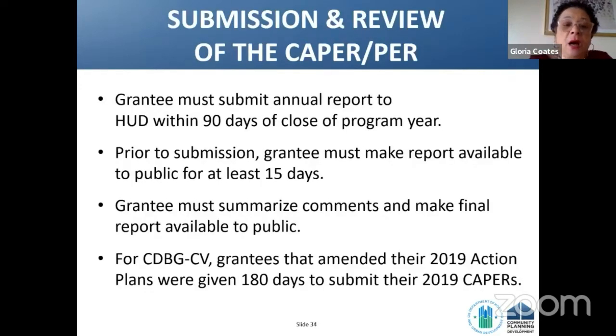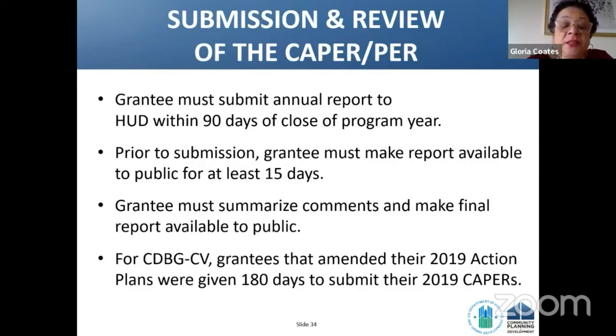Next slide, please. Okay. As you know, the regulations state that 90 days after the end of your program year, you submit your CAPER. Before you submit it to HUD, however, your citizens have to be given 15 days to review it. Now, the CARES Act did not shorten this. The CARES Act did not address this. So the regulatory requirements in Part 91 remain effective.